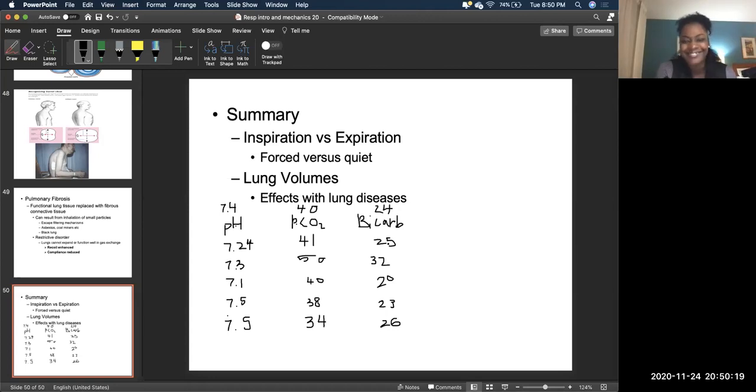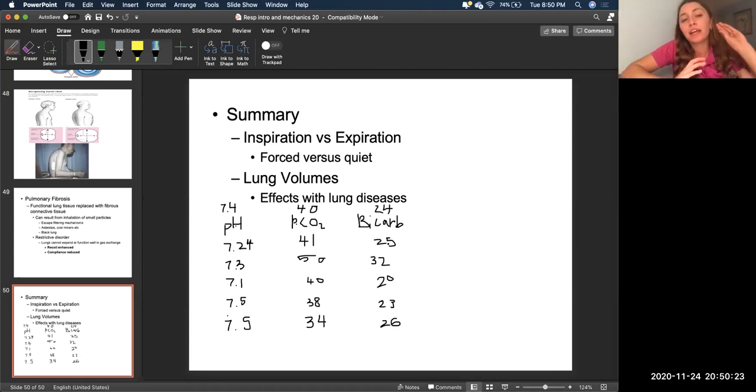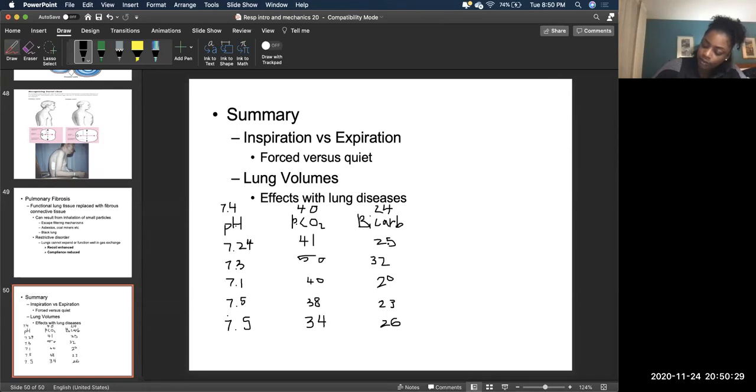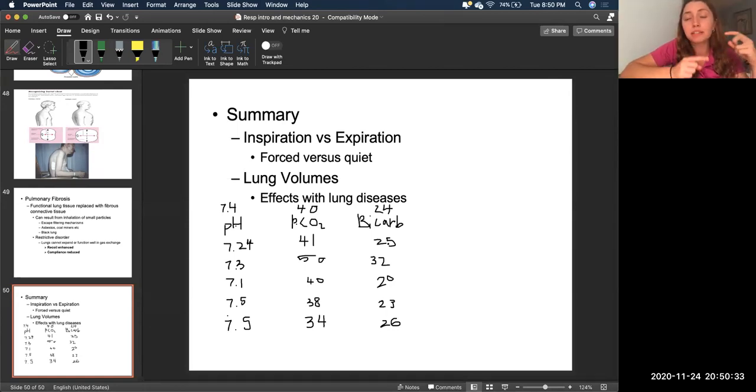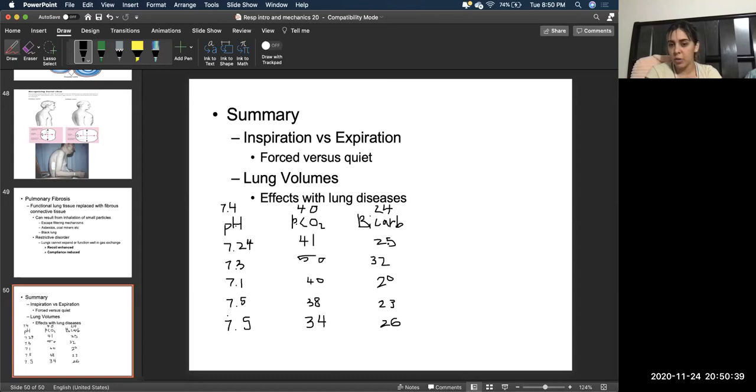I have no idea. So CO2, like I was talking about before, has hydrogen. And what does hydrogen do? Hydrogen makes it more acidic. So keeping more CO2 means your blood is more acidic. Right. So is that CO2 of 41 more acidic or less?